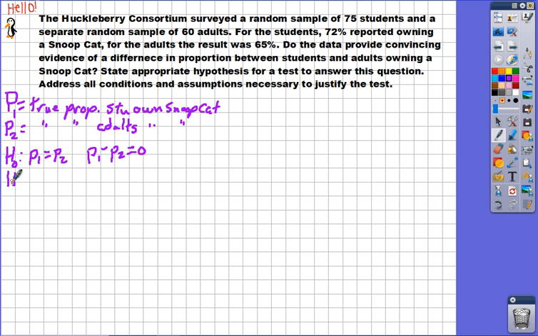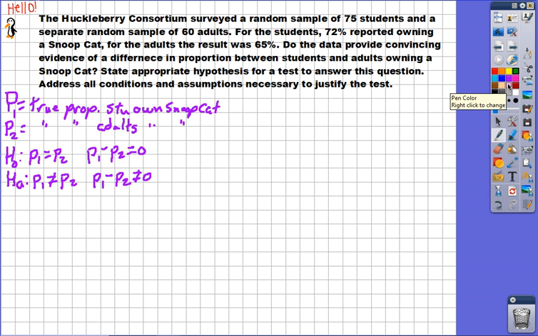So now our alternative hypothesis is that P1 is not equal to P2. They didn't say anything about one being higher or lower in particular. They're just checking to see if it's different or not. Again, another way of saying that would be P1 minus P2 does not equal 0. So there are our parameters and our hypotheses, our null and our alternative.